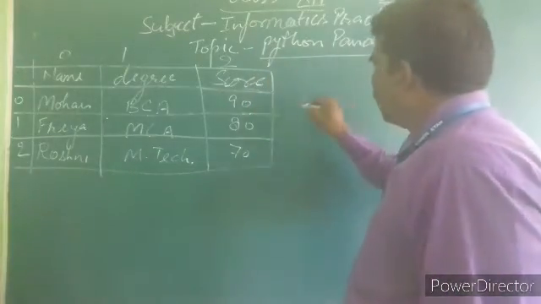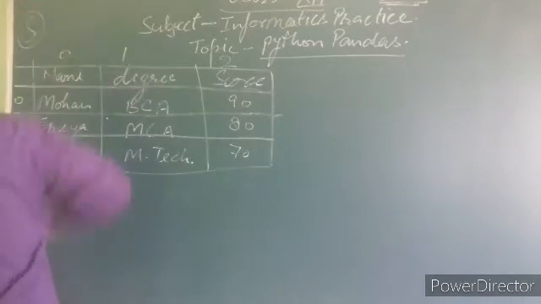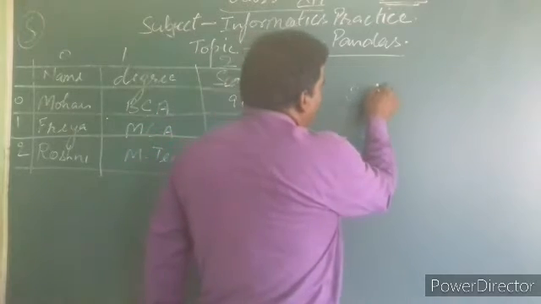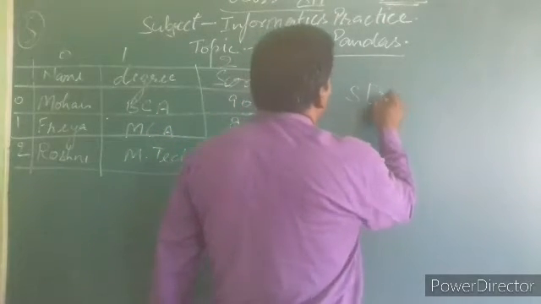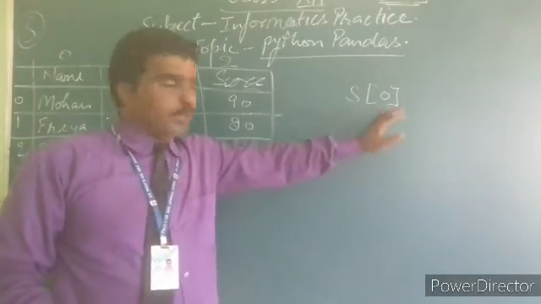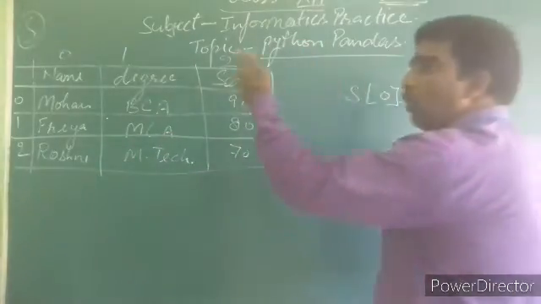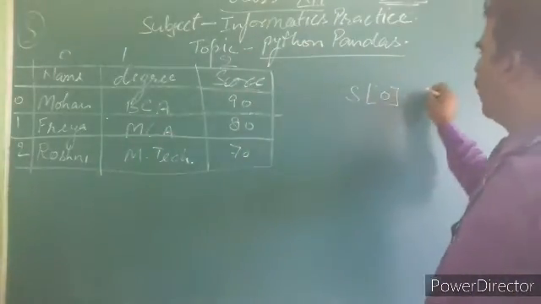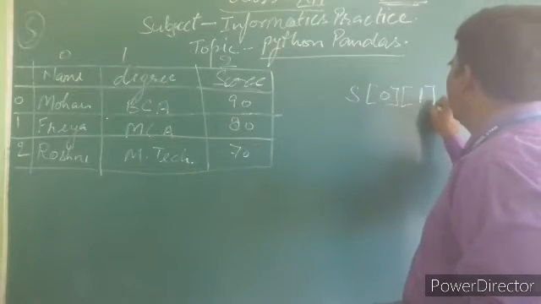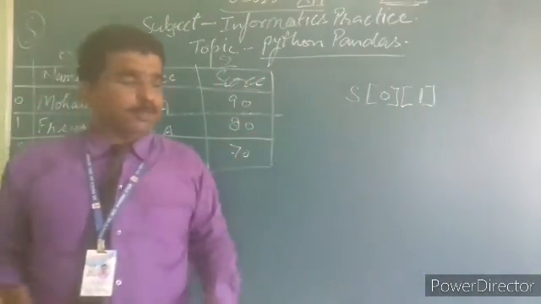For example, suppose you want to display a value, and it is stored in a variable with the name S. So here the first value denotes the row number, and the second value you give is counted in the form of columns.